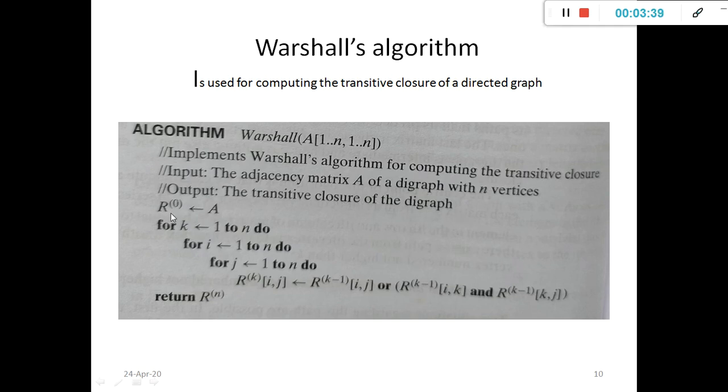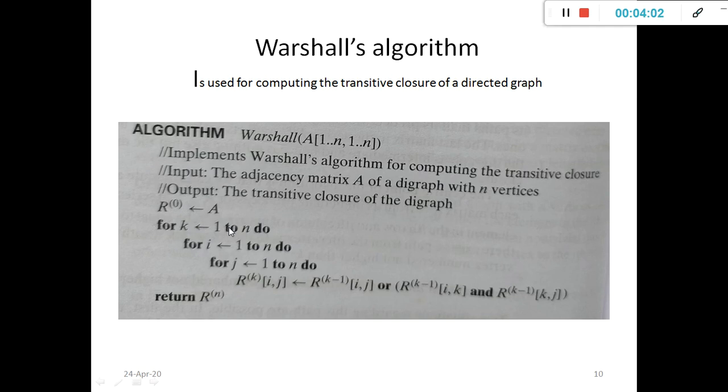Initially you don't know the transitive closure, that's why you have to initialize the resultant transitive closure equal to the adjacency matrix, that is R0 equal to A, where A is the adjacency matrix of that given directed graph.